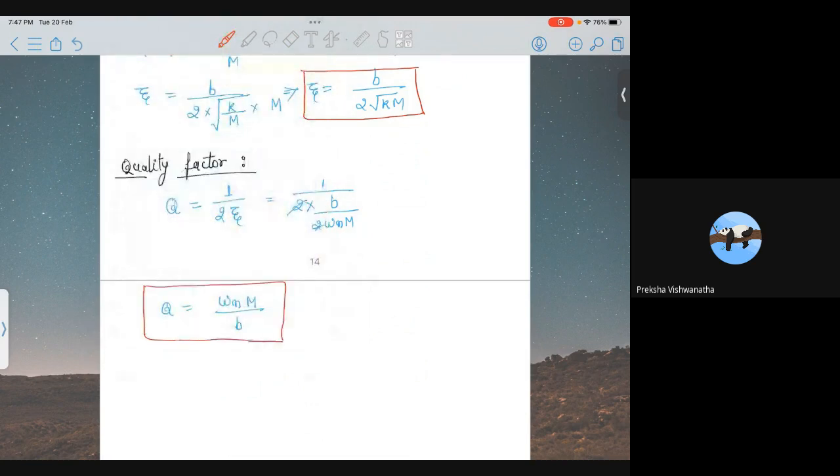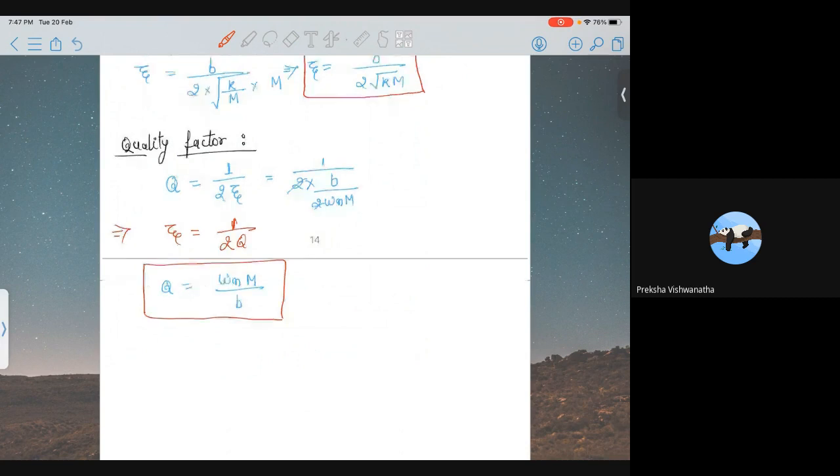Or we can write this in other way as zeta is 1 by 2 times the quality factor. Both ways we can write this.